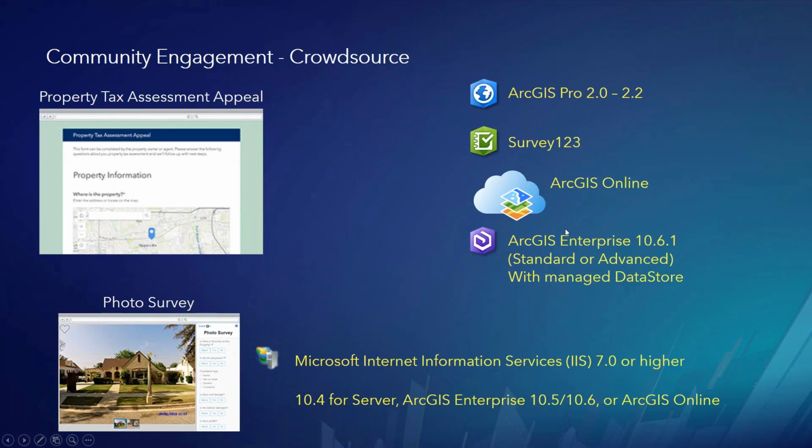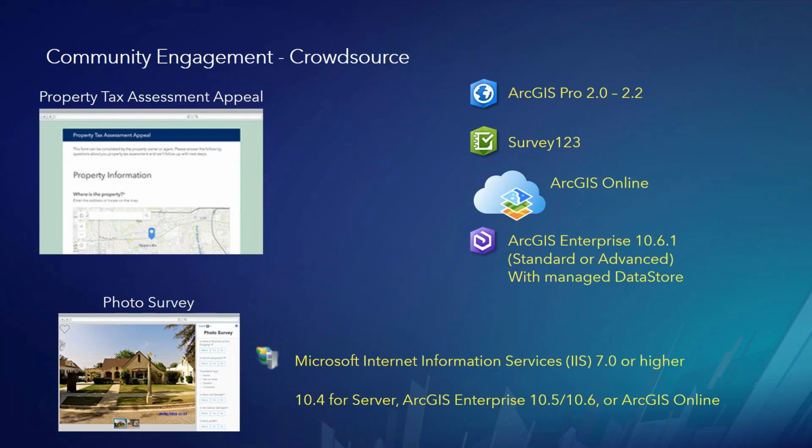And then there's a configuration called photo survey that helps with blight remediation, and it allows communities to take street level imagery and pair that imagery to parcel polygons. In some cases you might have a handful of images per parcel, and then you can crowdsource that information out to the public or maybe folks in your department and have them fill out a survey for each parcel by looking at all of those property photos.